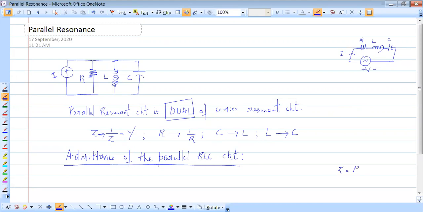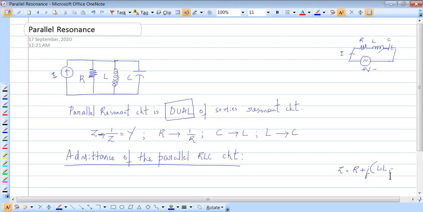Okay, you have R, then you have plus j omega L minus 1 by omega C. I'll just rewrite it.